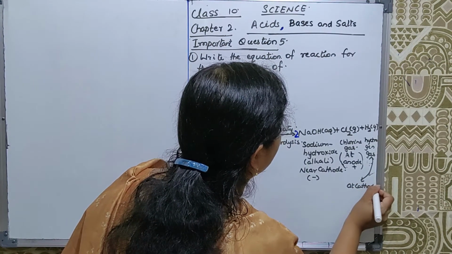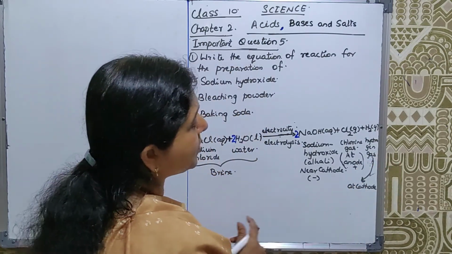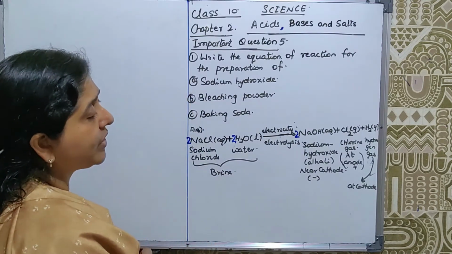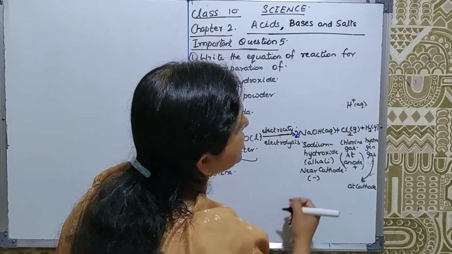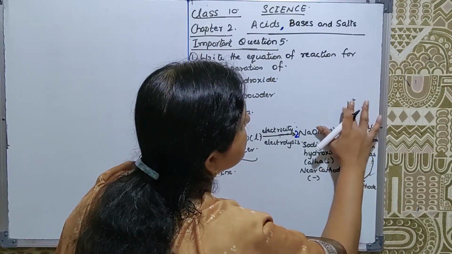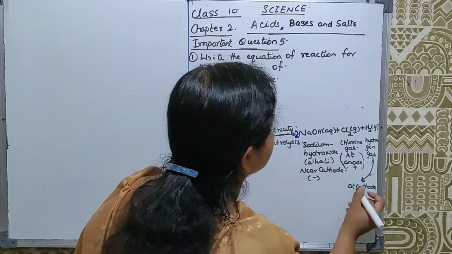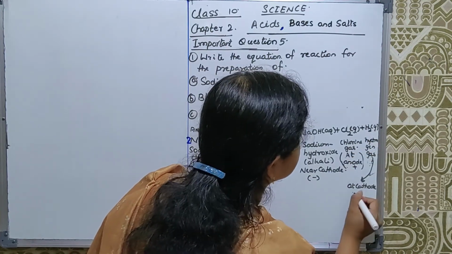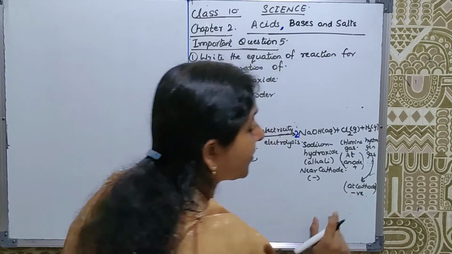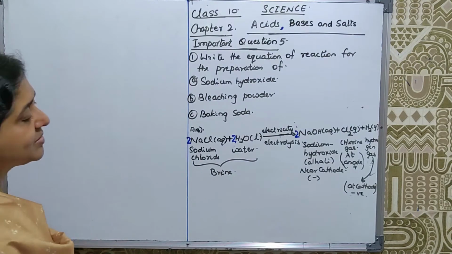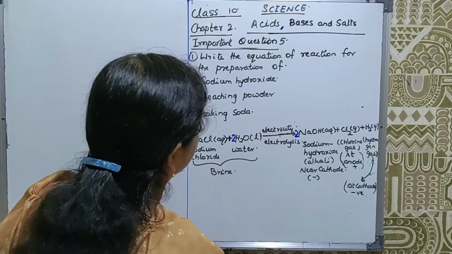The hydrogen ion, H plus aqueous, is a positively charged particle. When it is collected at the negatively charged cathode, it will become hydrogen gas. So hydrogen is a positively charged particle, and it will be collected at the negatively charged cathode.